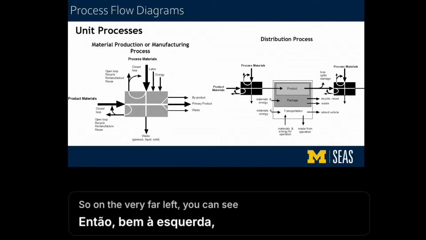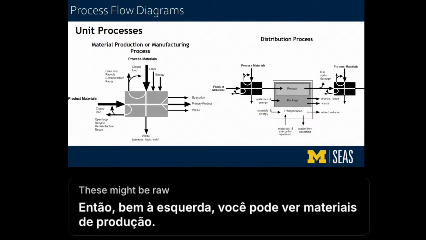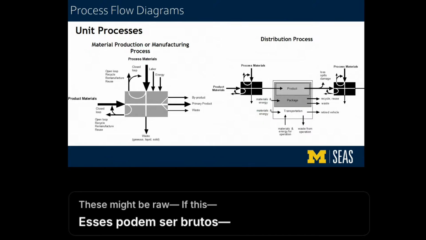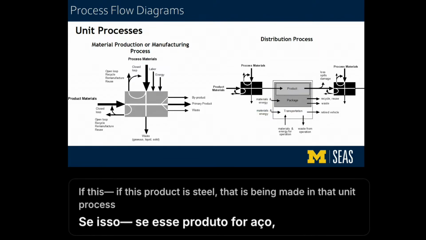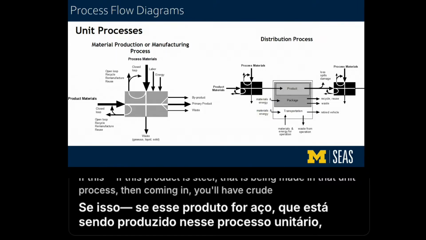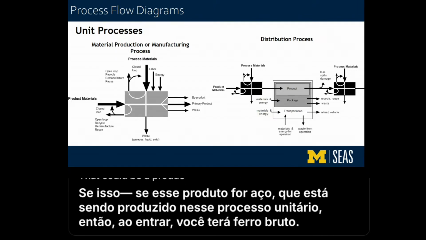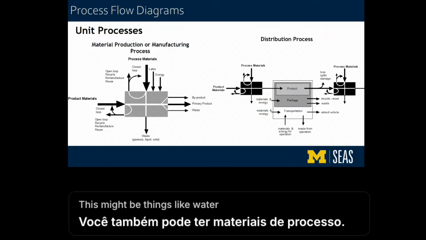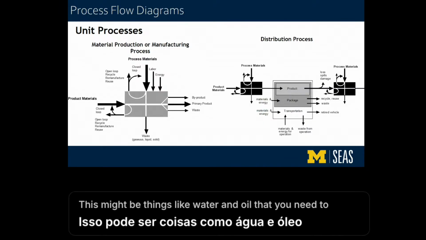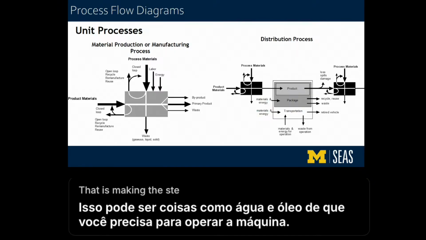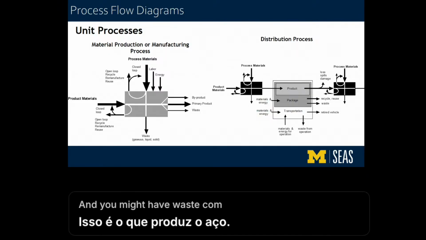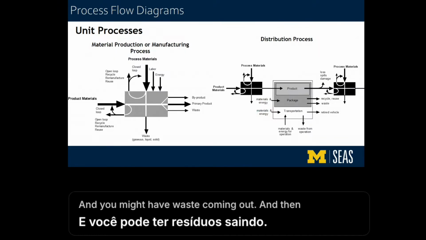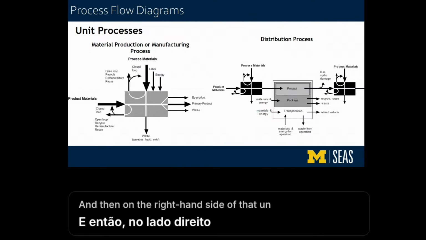If this product is steel that is being made in that unit process, then coming in, you'll have crude iron. That could be a product that's coming in. You might also have process materials. This might be things like water and oil that you need to operate the machinery that is making the steel. And you might have waste coming out. And then on the right-hand side of that unit process is the actual steel that's being produced.